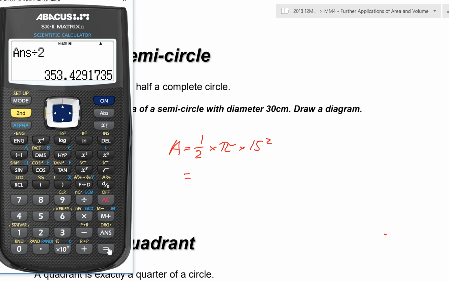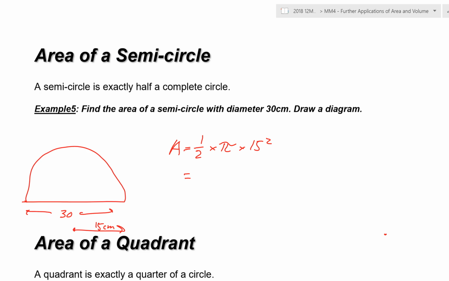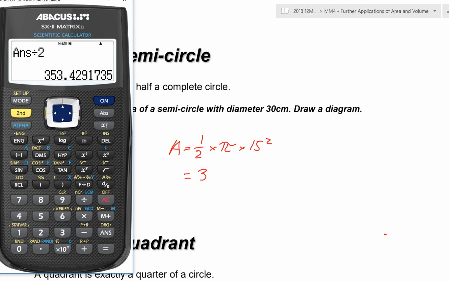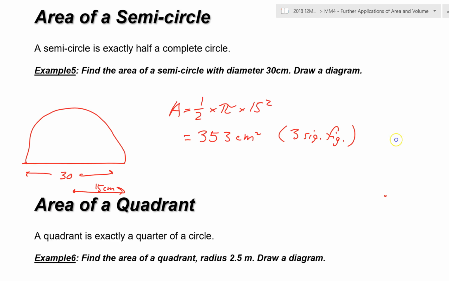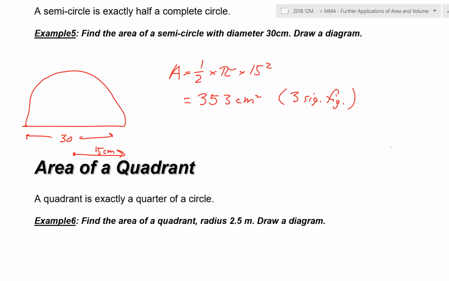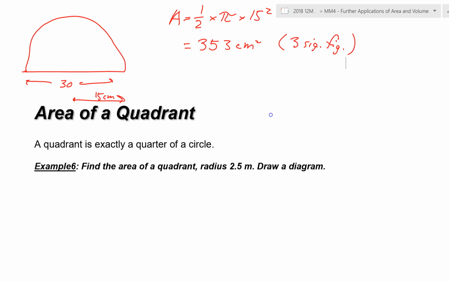It doesn't ask for any number of significant figures, so the answer is 353 square centimetres, 3 significant figures. Three significant figures is a pretty good fallback. It doesn't say, so just tell whoever's reading this, you're writing things down for people to read, tell them how much you've rounded off.